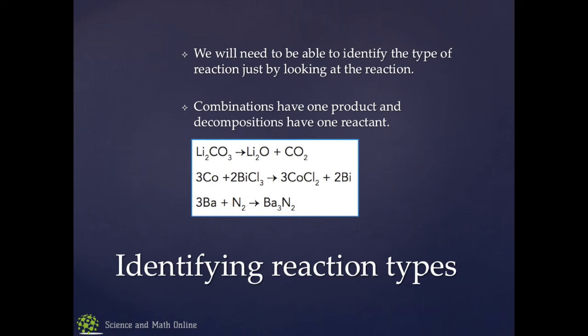So just looking at these, which one's a combination reaction? This one, because it has one product. The decomposition reaction is this first one. It has only one reactant, so it's decomposition. This one is something else, which we'll learn later. So you would say neither or other for that one.